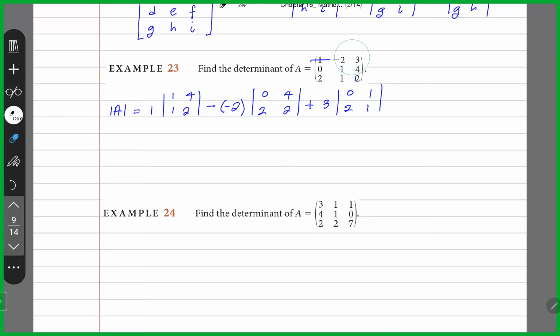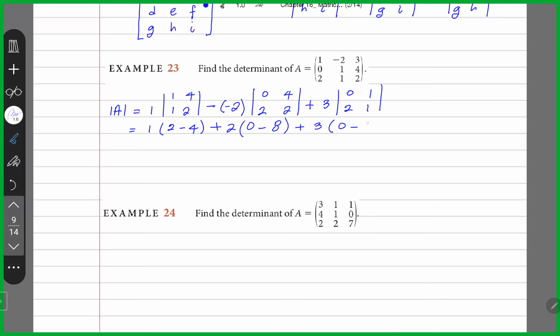Now let's find the determinant. The determinant of A would be 1, 2, minus 4. A negative times a negative is a positive 2. 0 times 2 is 0. Minus 4 2's, 8. Plus 3. 0 times 1 is 0.